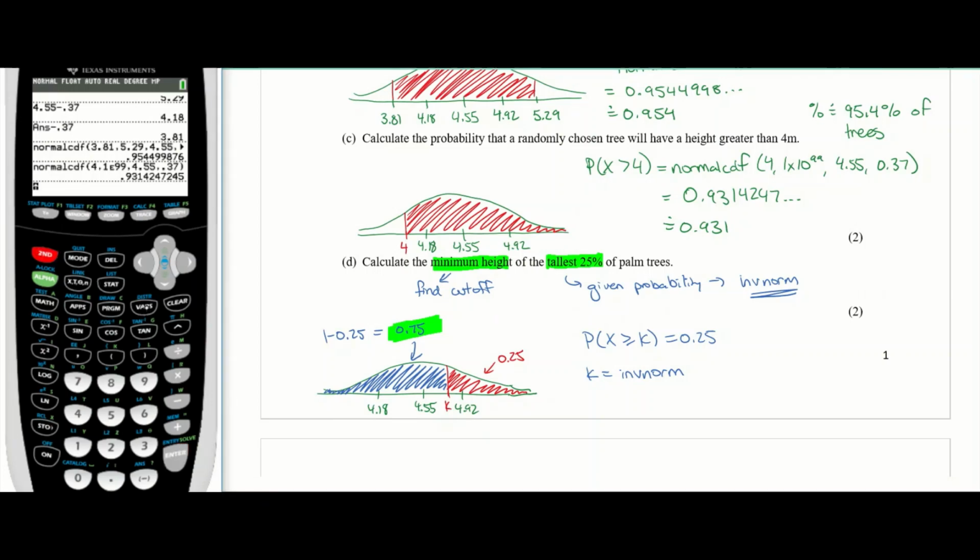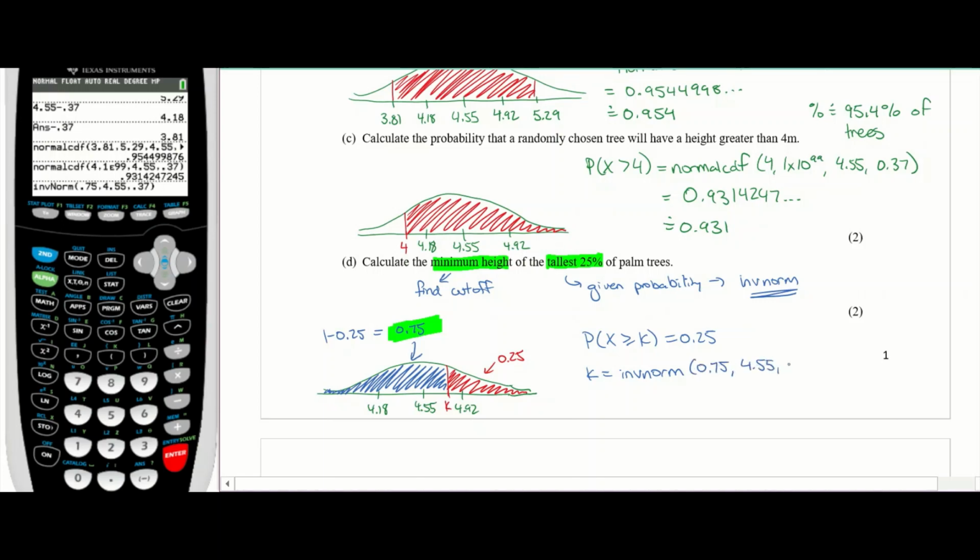So when I go to inverse normal, I'm going to put 0.75 as my area because the calculator only processes the below part. And I'm going to put the mean and the standard deviation. I'm going to write down the values I put into the calculator, and I'm going to get my value of K, which means K is approximately 4.80.